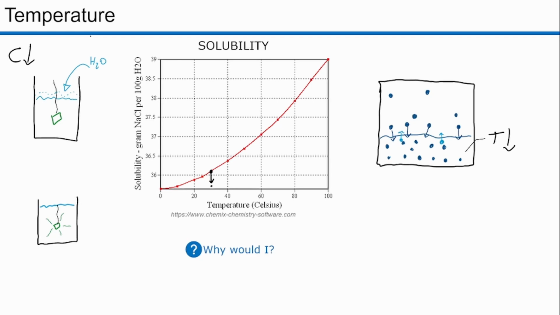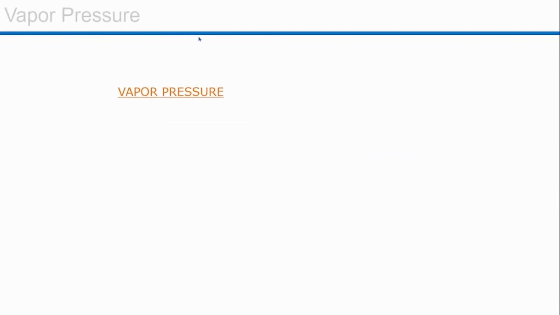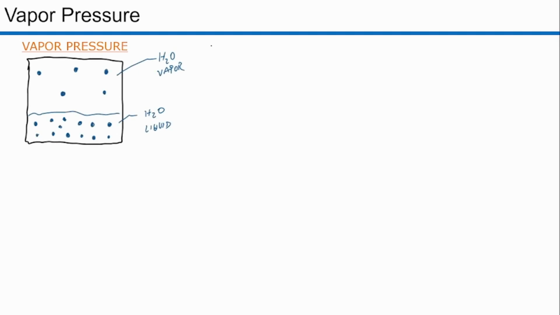Also, there's an important concept here that I want to share with you. There is vapor pressure. Right, so from this scheme we have the water in the liquid and vapor phase, and as the vapor phase is a gas, it exerts gas pressure on the vessel walls and on the liquid surface.